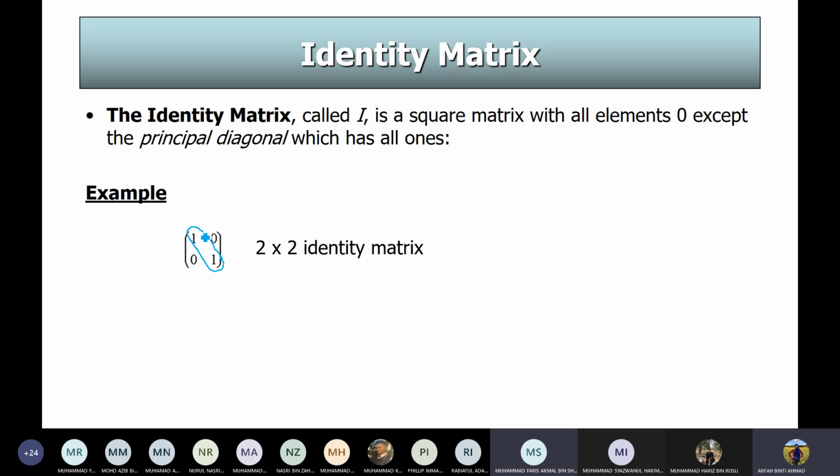So for this example, you have 1, 1 and then the rest of the elements will be 0. So this is a 2 times 2 identity matrix. Dan identity matrix untuk 3 kali 3, dia akan ada macam ni. 1, 1, 1, 0, 0, 0, 0, 0, 0. So this is another example of identity matrix for 3 kali 3. So semua orang kena tahulah apa dia identity matrix. Okay. Clear this one?